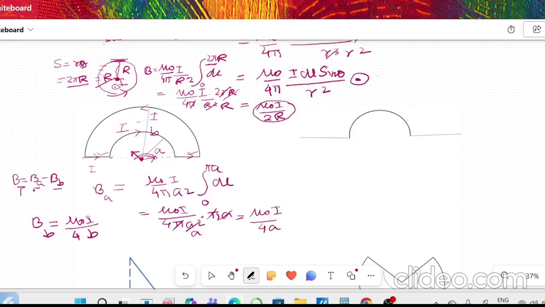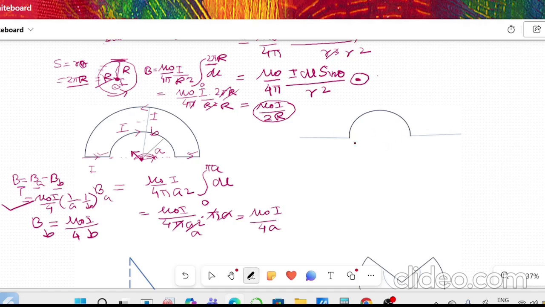The strength of BA is much greater than the strength of BB, because here the distance is less and here the distance is greater. So you just take mu 0 I by 4 common, and it becomes 1 by A minus 1 by B. So this is the total magnetic field at the center.